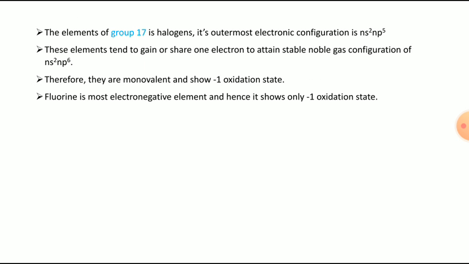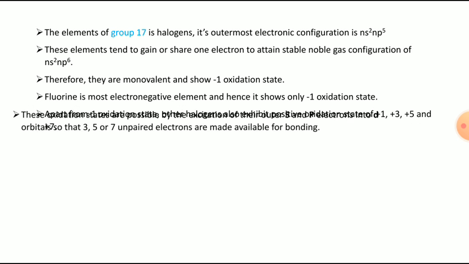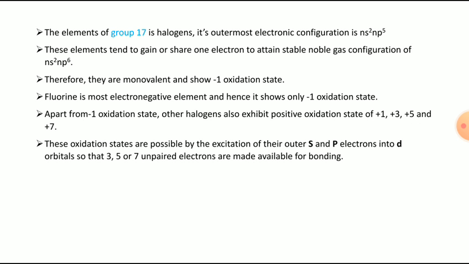Fluorine is the most electronegative element and hence it shows only the -1 oxidation state. Apart from -1, other halogens also exhibit positive oxidation states of +1, +3, +5 and +7. These oxidation states are possible by the excitation of their outer s and p electrons into d orbitals so that 3, 5 or 7 unpaired electrons are made available for bonding.